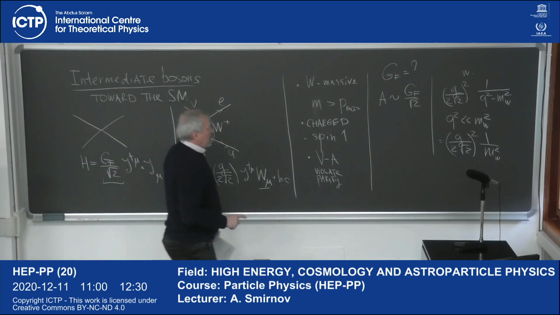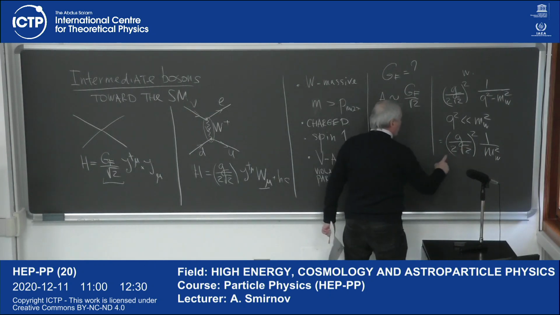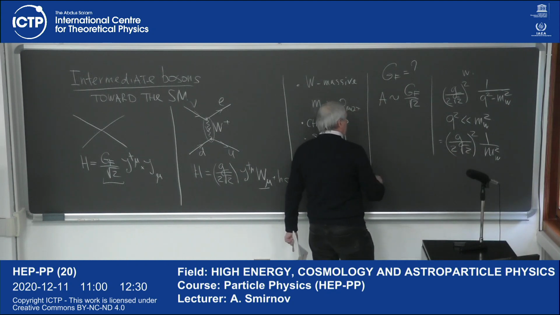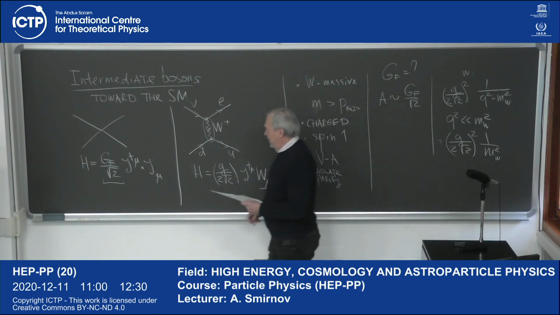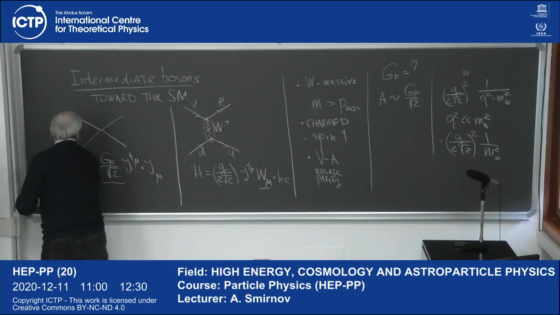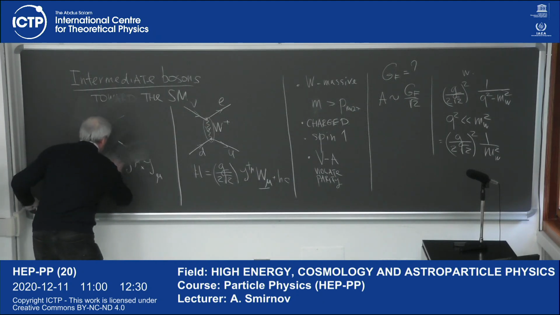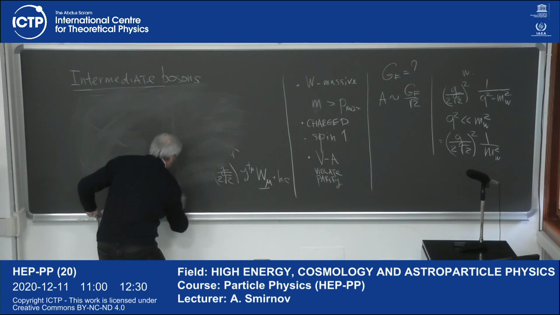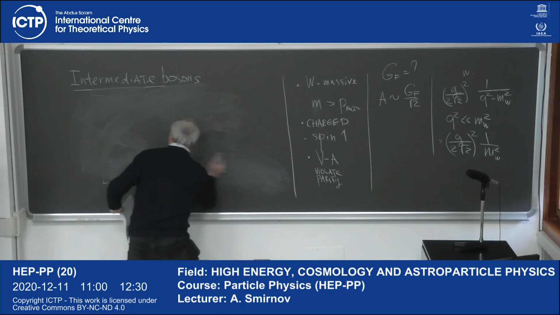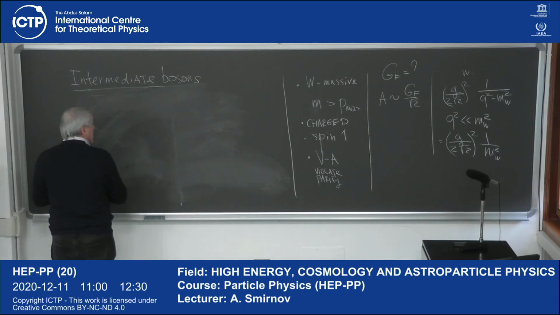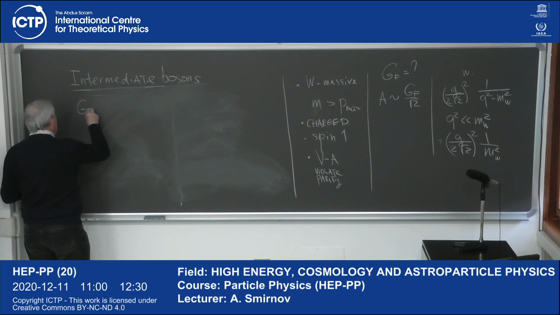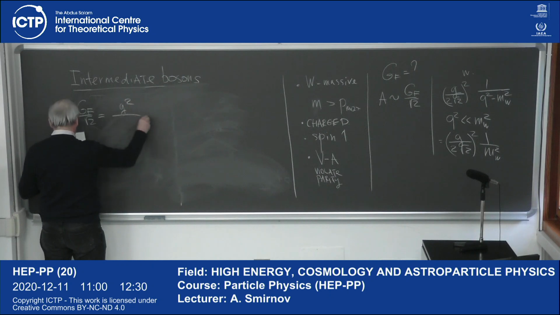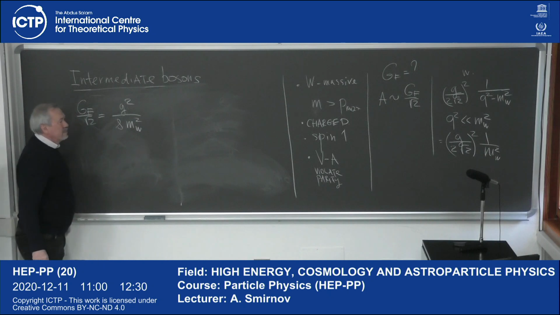So which means immediately that G Fermi over square root of 2 is this quantity. Let me write it here. So now we can write that G Fermi over square root of 2 equals g squared over 8 times the mass of the W boson squared.